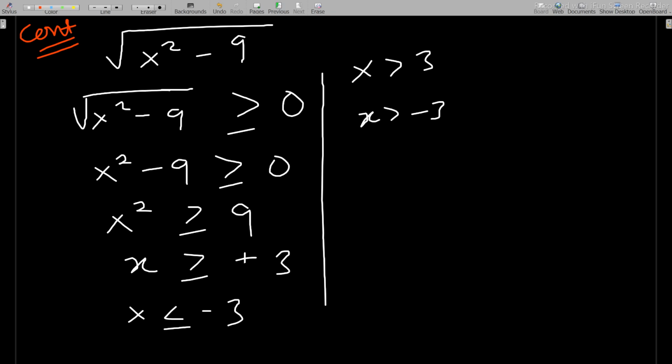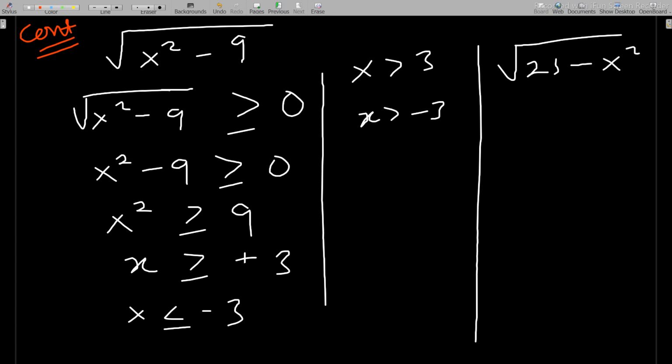Now let's look at the denominator. With that one too, we have the square root of 25 minus x squared. For this to be defined, the square root shouldn't be less than 0.